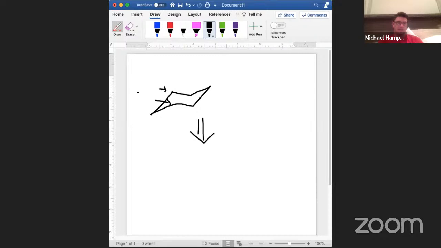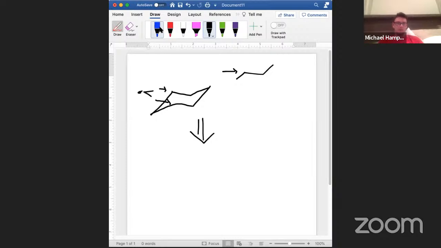So your mind's eye is doing this. It's no different than looking down a butane, but you're just looking down two bonds. So you have two front carbons and two back carbons.